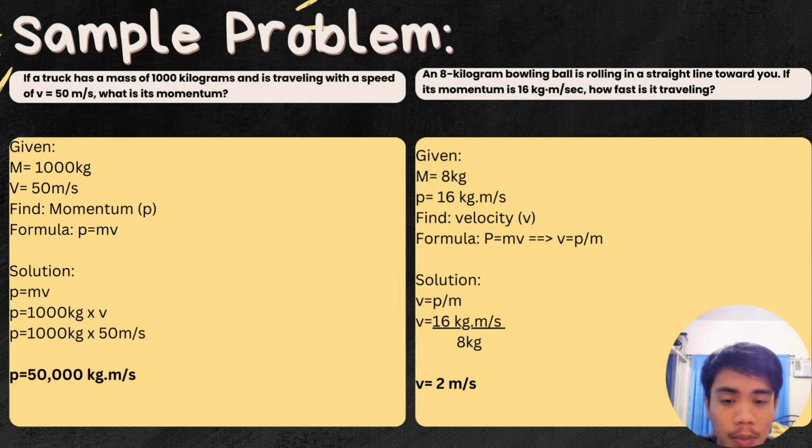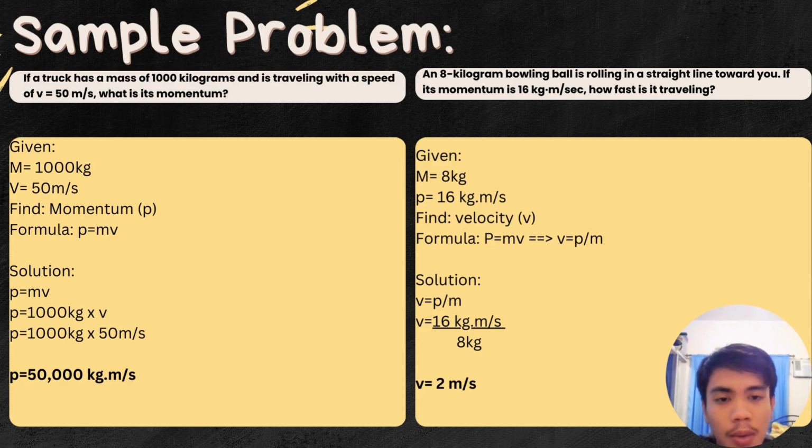So P, or momentum, is equal to 1000 kilograms times 50 meters per second. Then our momentum will be 50,000 kilogram meters per second, kilogram meters per second being the unit for momentum.